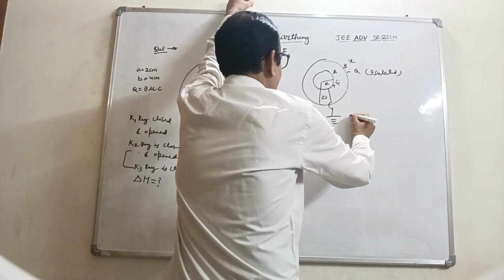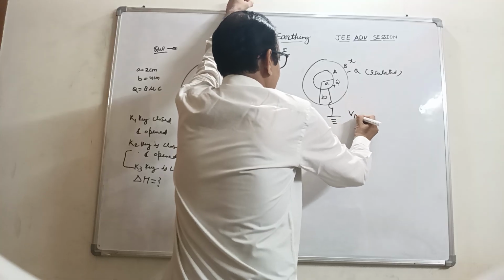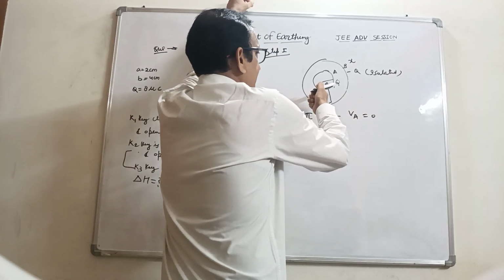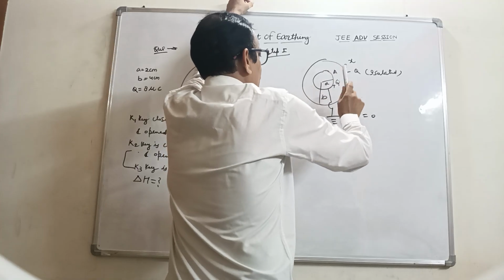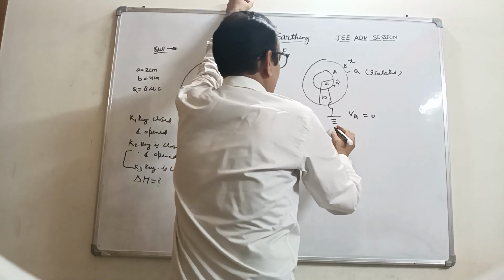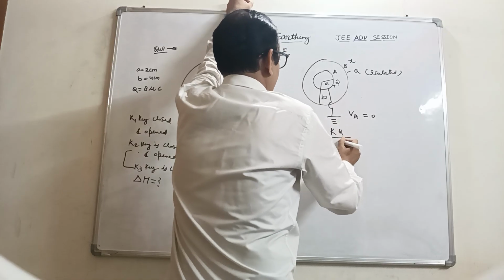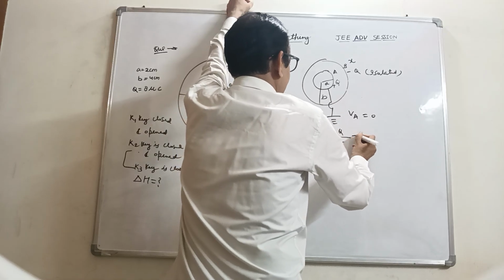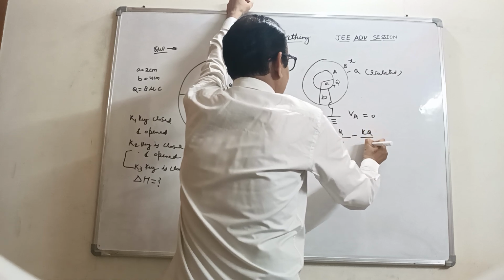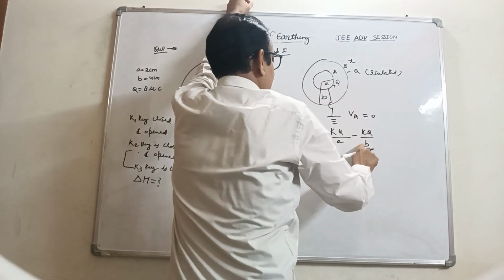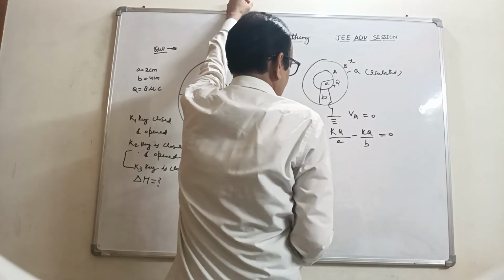So we write that the potential at A would be 0. The potential at A due to this charge and that charge becomes kQ by A plus minus kQ by B, which is 0.